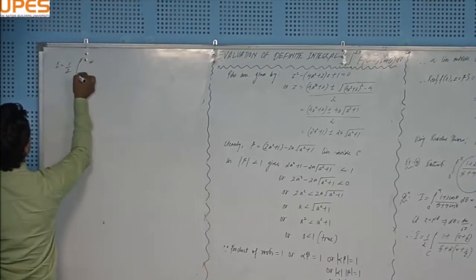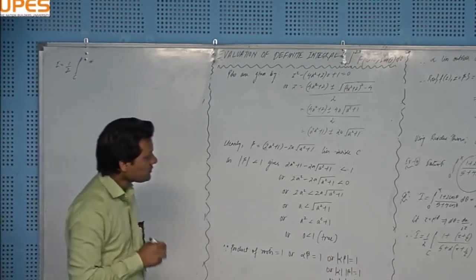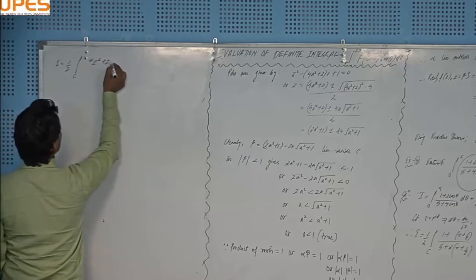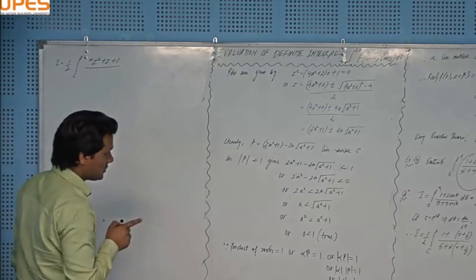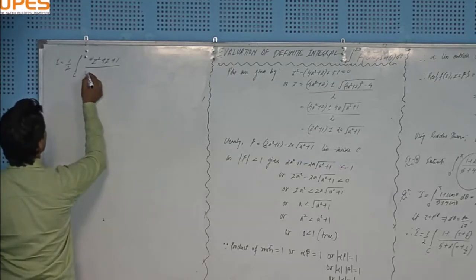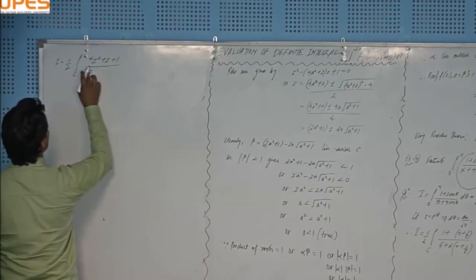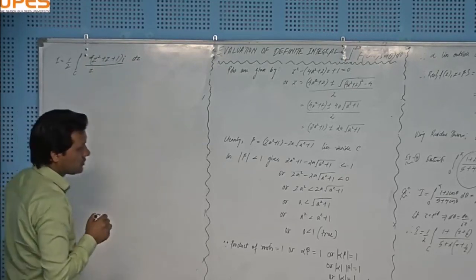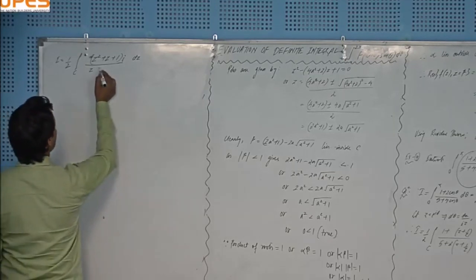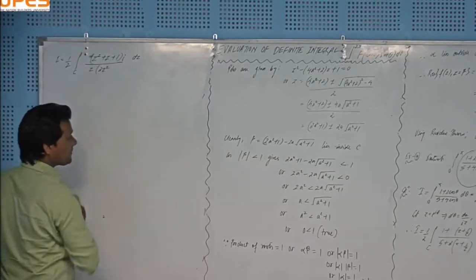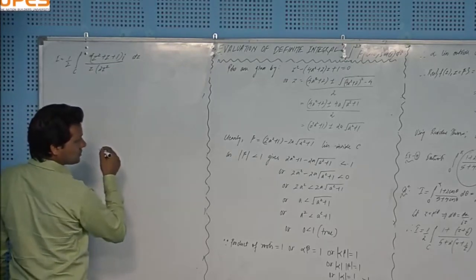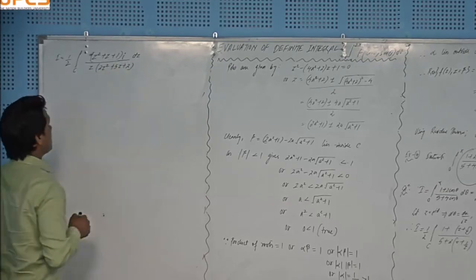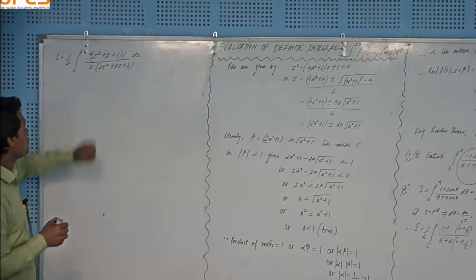I equal to 1 over 2 integral over c, that will become z square plus z plus 1 over, that z will appear here, iota z will appear here, over iota dz, okay, and on taking LCM it will become 2z square plus 5z plus 2, right? So this is your integrand finally.